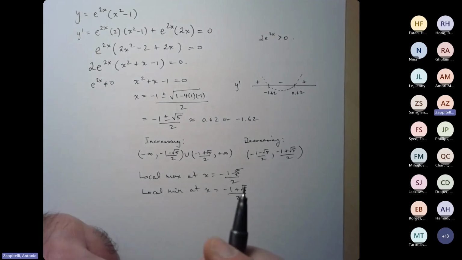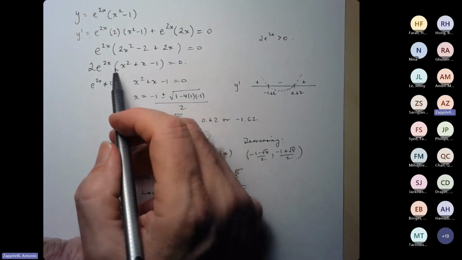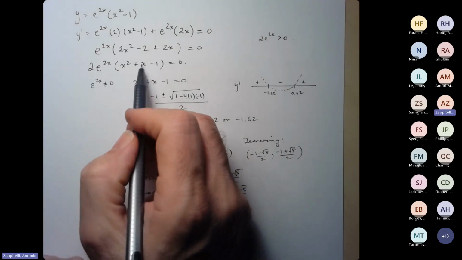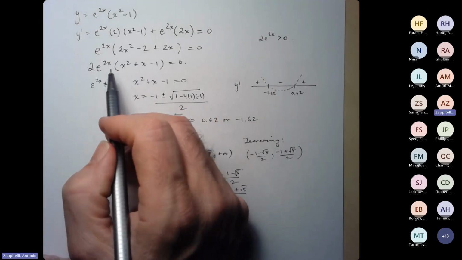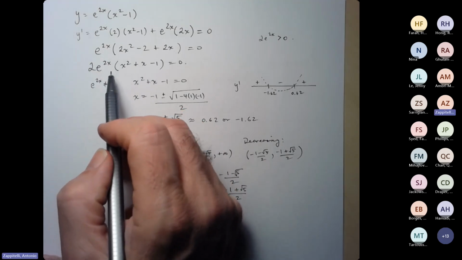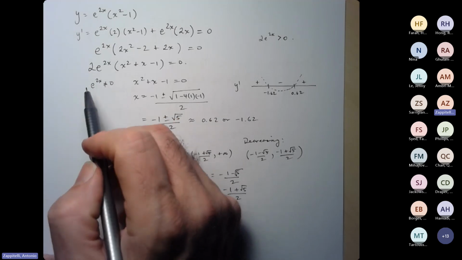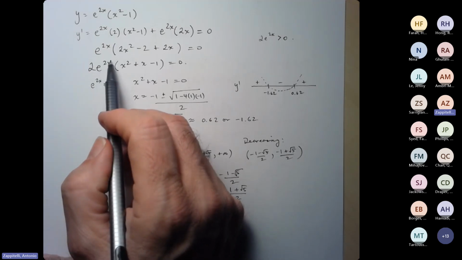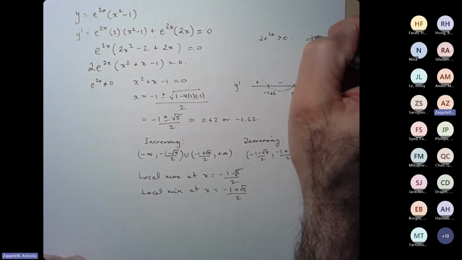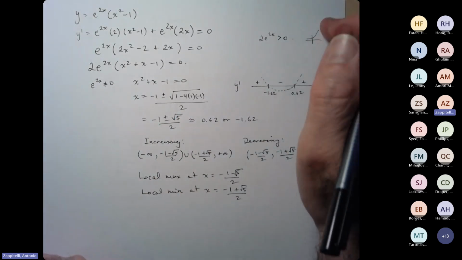But what I noticed is that the derivative is made up of this product of these two expressions, right? And the first part of the product is something that's always positive. e to the 2x is always positive because e to the 2x is just an exponential function that's always bigger than 0.